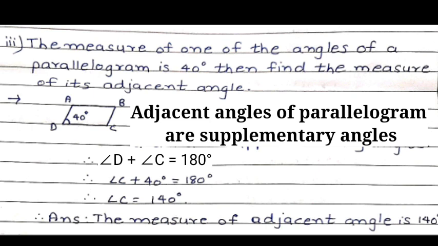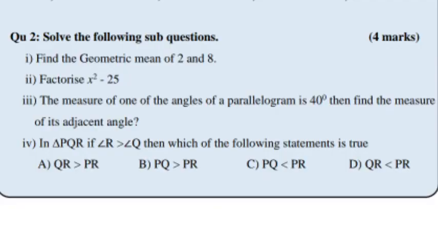As we know that adjacent angles of a parallelogram are supplementary angles, hence angle D plus angle C is equal to 180 degree because they are adjacent angles. Hence angle 40 plus C is equal to 180 degree. So the measure of the adjacent angle is 140 degree.